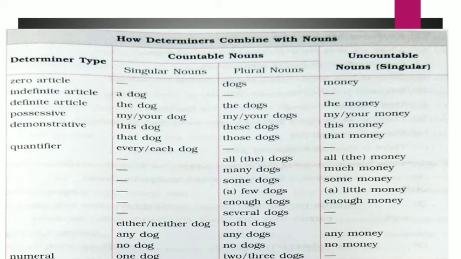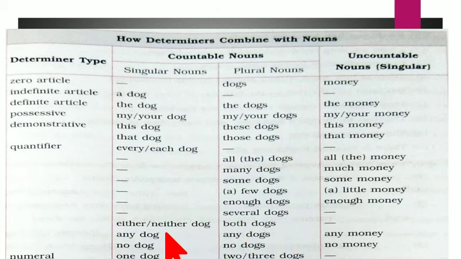In quantifiers, each and every dog, here in plural form nothing will be coming because we are specifying each and every. So here we will be writing all the dogs, many dogs, some dogs, few dogs, enough dogs, and then either, neither we will be specifying when it is singular and in plural both.